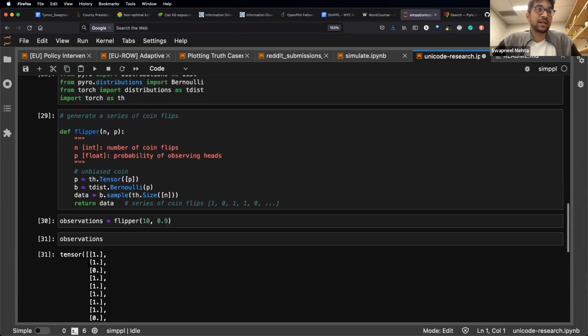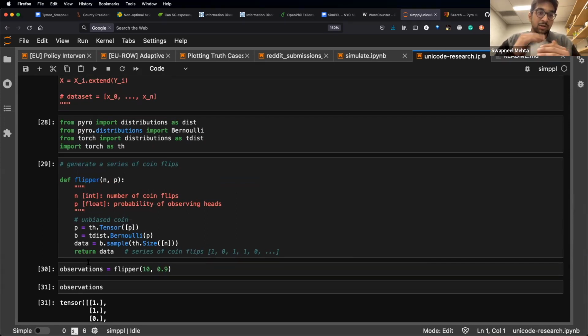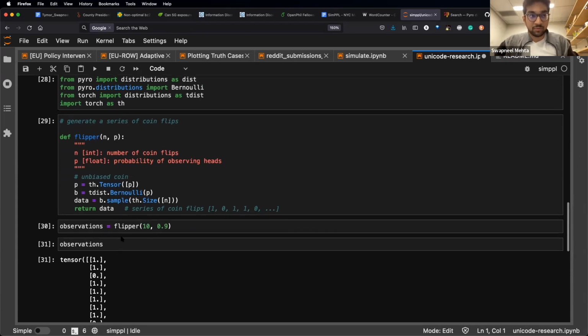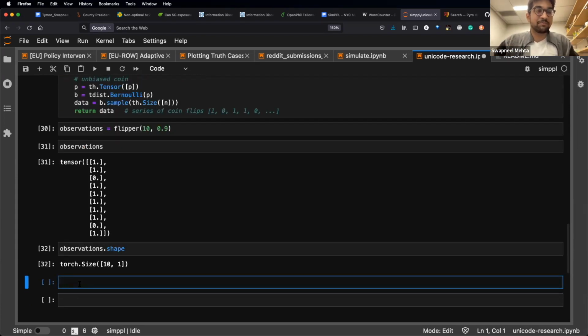So I hope you understand the way a library is built on top of another library. Really, in this case, it's just using the other library's distributions. What Pyro does that is cool will be shown in a couple of minutes.